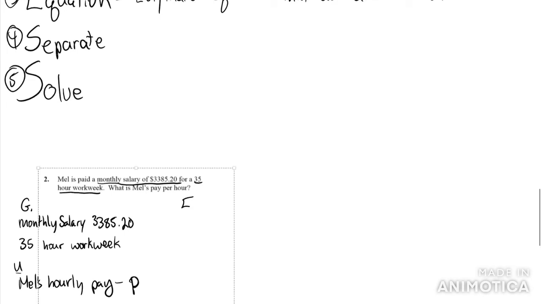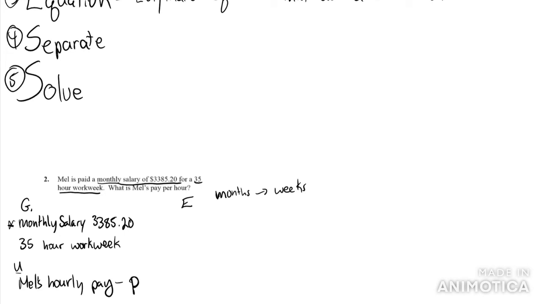So my equations, in this case, there's a little bit of a wrench. It gives me monthly salary and I want to go to weeks. So I'm thinking to myself, I need to go months to weeks. And an issue with this is that every month is a little bit different and there isn't a simple amount of weeks that I can deal with.